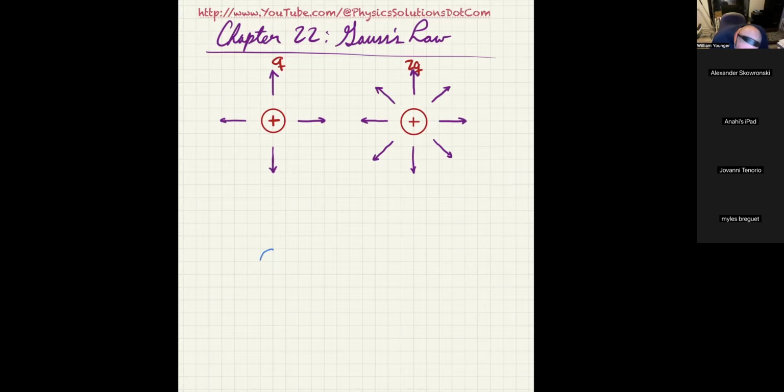If I had a negative charge like this, and that charge is in fact negative q, then what I can imagine is that the electric field line at a distance of 2 squares away would now be not only the exact same length as the last one when I did positive Q, and not only the exact same number of actual field lines, the only difference would be that now it's pointing towards the charge.